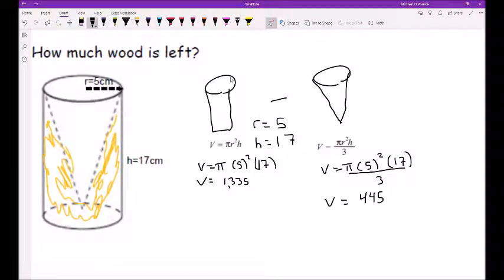Now, with this one, we're trying to find how much wood's left. So we're going to take this number and minus off this number. So our final volume is going to be 1335 minus 445.